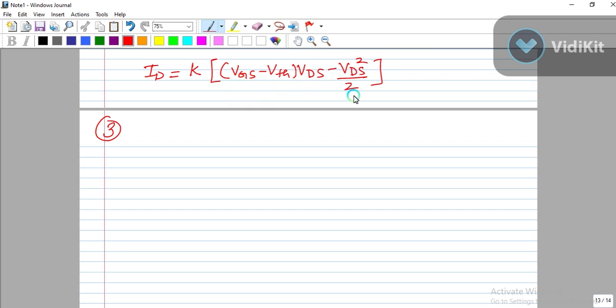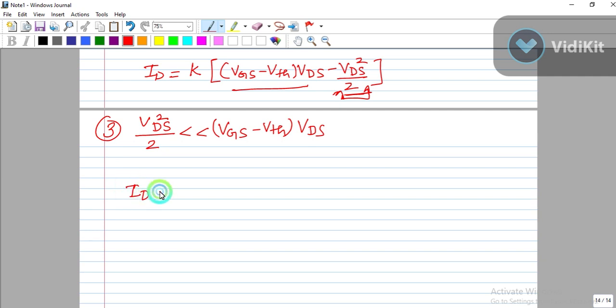I'm saying when VDS squared divided by 2 is very small compared to the VGS minus VTH times VDS term, what will happen? You can neglect this. If you neglect this, ID will become equal to K times VGS minus VTH times VDS.